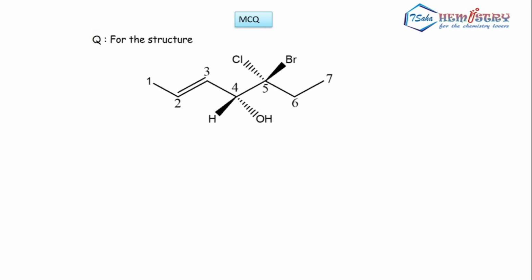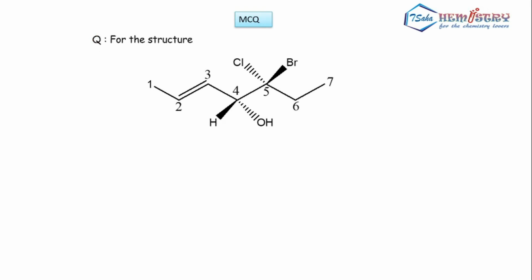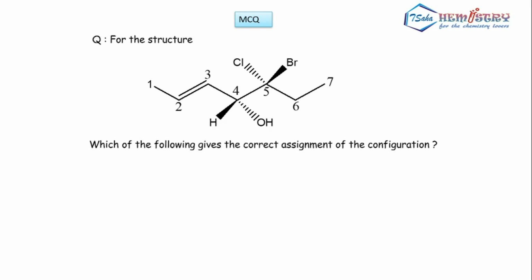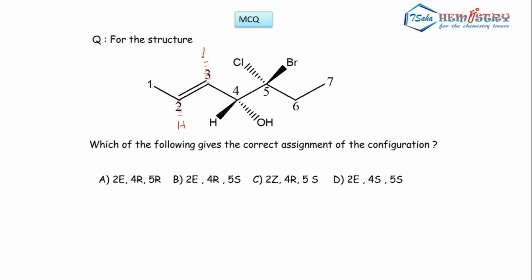Now we are going to take one MCQ question. We have to decide the configuration. Looking at carbon number 2, there is a hydrogen, and at carbon number 3 there is a hydrogen.